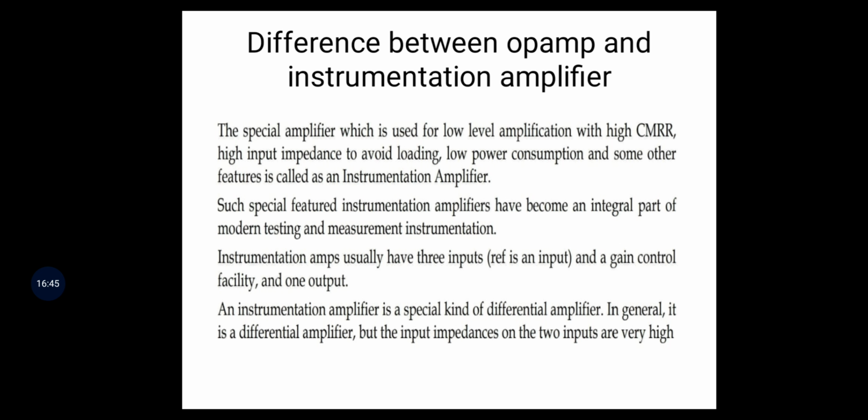So here, the instrumentation amplifier is a special amplifier which is used for low level amplification. Instrumentation amplifiers are used in low level amplification with high CMRR, high input impedance to avoid loading, low power consumption, and some other features.